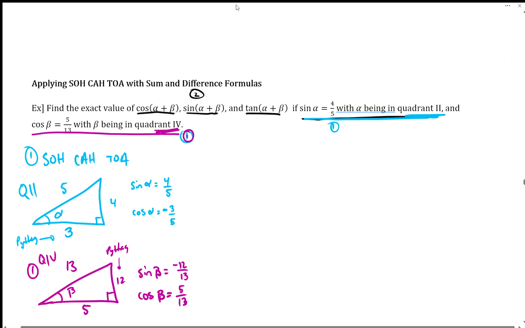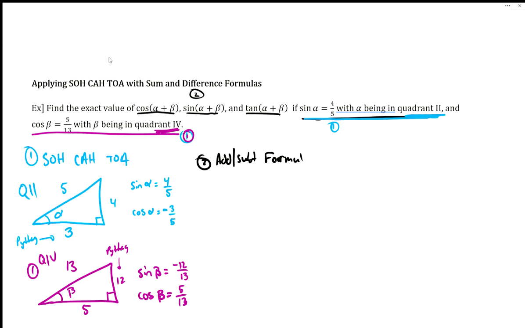Now that we've got our right triangles, we go back to our step 2, or back to the start where I labeled step 2, and we want to use our formulas. Okay, so it's addition or subtraction formulas. On this problem, it would be addition because we see they're all pluses there. So we're going to do cosine of alpha plus beta.